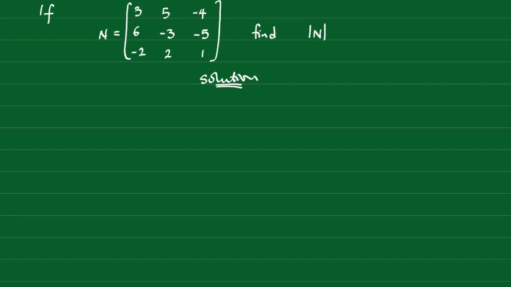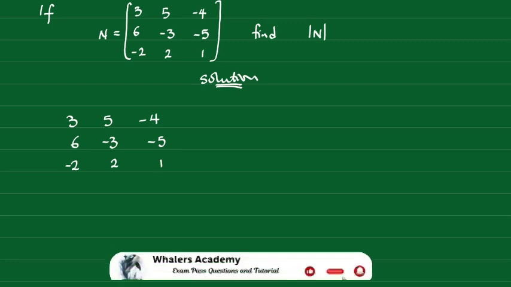Next, in finding our determinant of the matrix n, which is a 3 by 3 matrix, we first of all copy out what we've been given. We've been given 3, 5, minus 4, 6, minus 3, minus 5, minus 2, 2, 1.